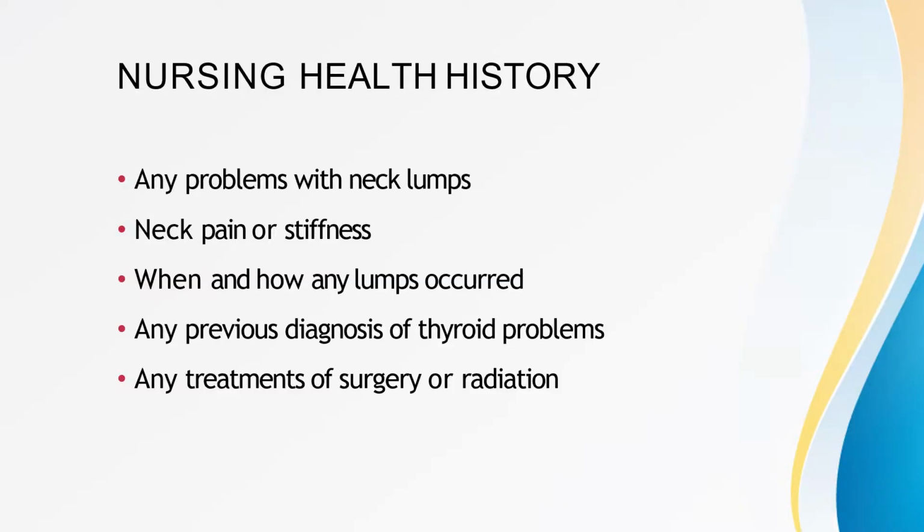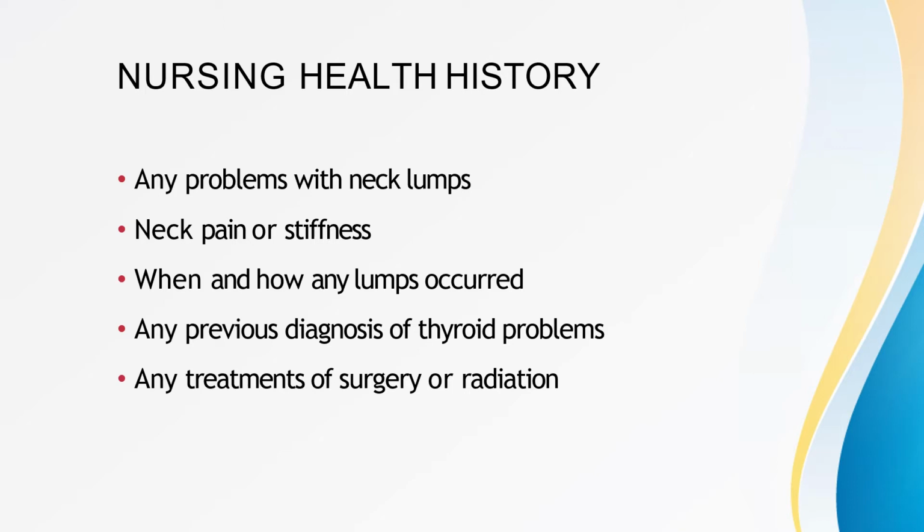We'd like to inquire about the history of our client, especially in terms of the structures and physiology of the neck. We want to ask if there are any problems with neck lumps or a history of lumps in the neck. Ask also if there is neck pain or any stiffness, and if there is, you ask the PQRST of pain.